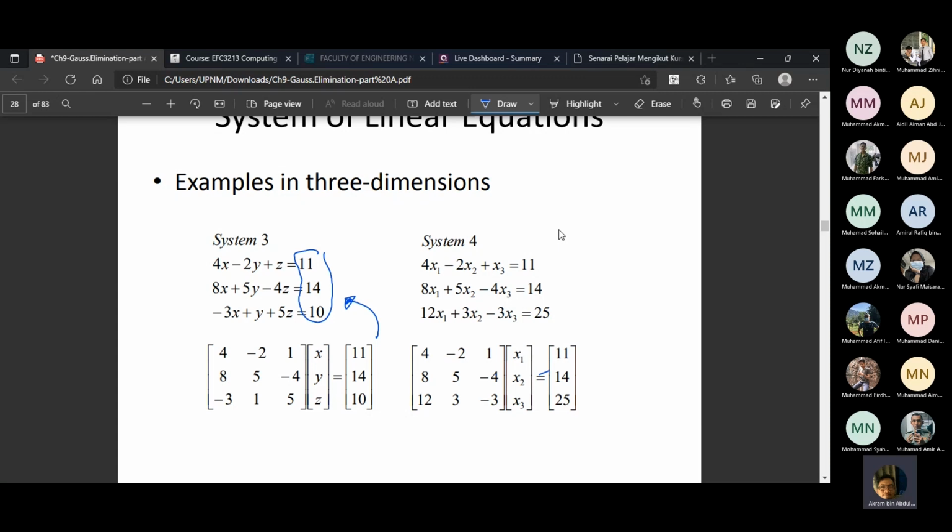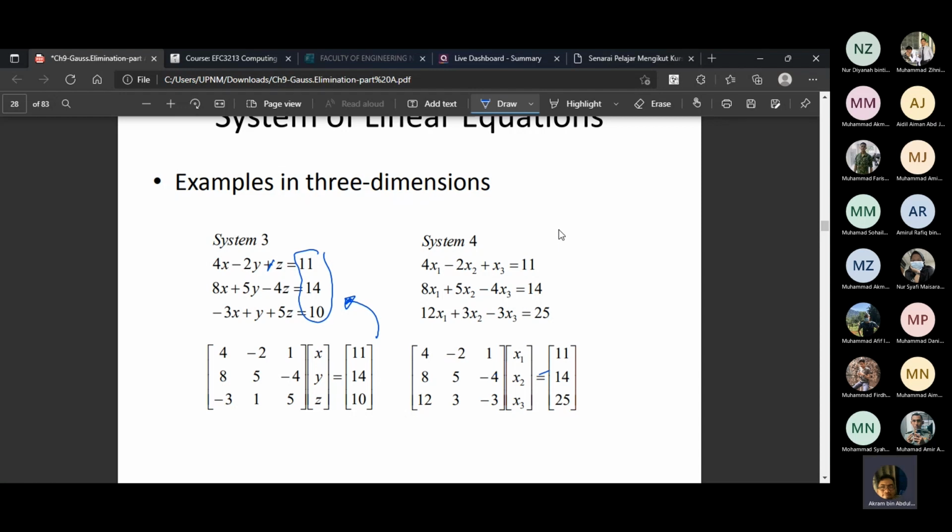So, kita start dengan matrix kita. Kita ambil dia punya perkali dia ni. So 4, negative 2, 1. The next row, 8, 5, negative 4.